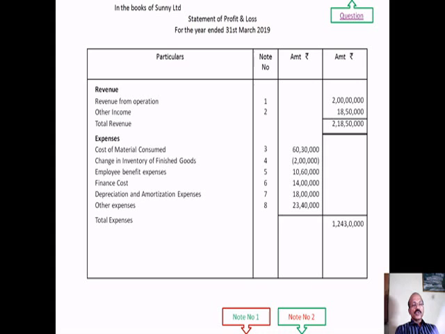Total expenses comes 1 crore 24 lakh 30,000, and from it we will deduct it from the total income. Revenue minus expenditure, you will get a profit before tax. It is 1 crore 24 lakh 40,000, and less provision for tax is given here.